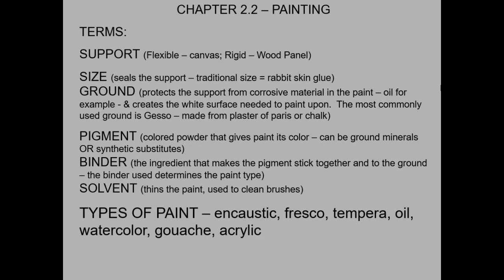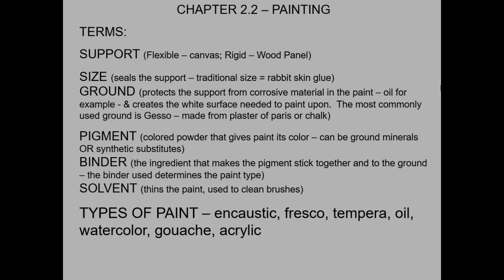Eventually, artists developed the use of flexible support, the primary one, of course, being canvas, and you're familiar with painting on canvas. Canvas paintings are much lighter, more easily transportable than the same sized paintings on heavy wooden panels.